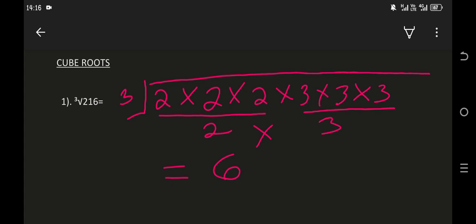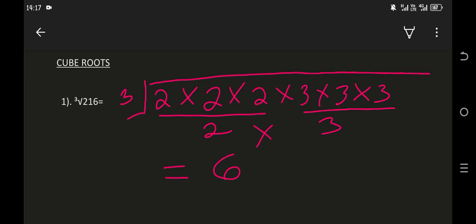So you can see that in the first example, we are finding the cube root of 216. And we are using the factors to get the cube root. So which factors multiplied will give us 216? We can see there we have 2 times 2 times 2 times 3 times 3 times 3. So the first step is to pick one number from every group of 3's.